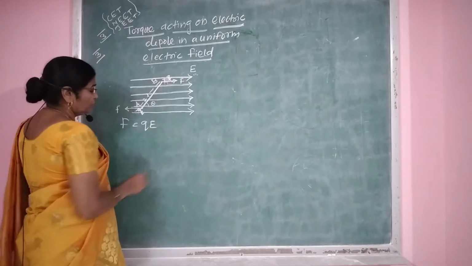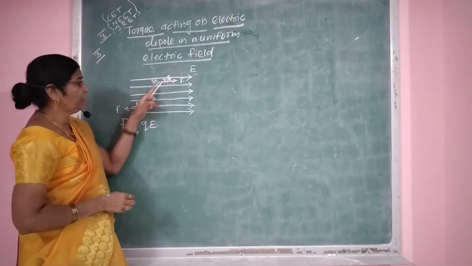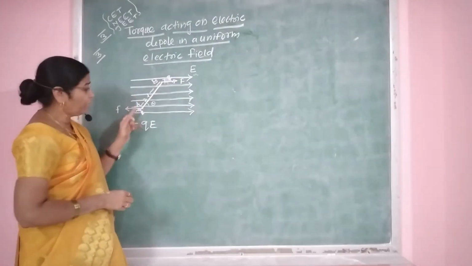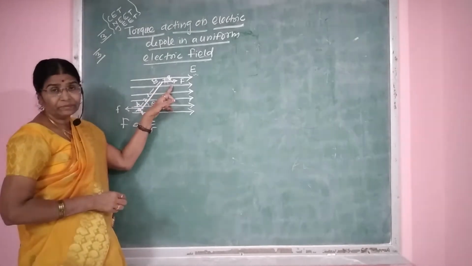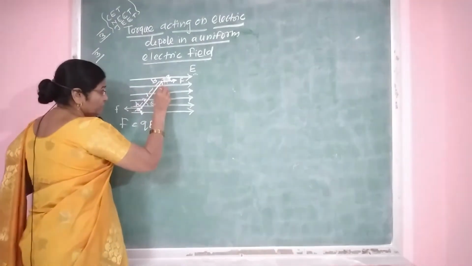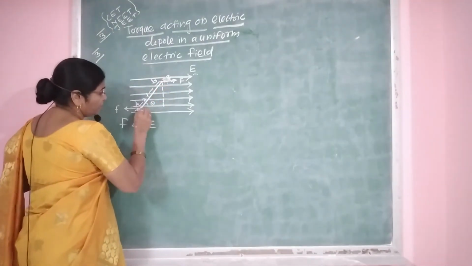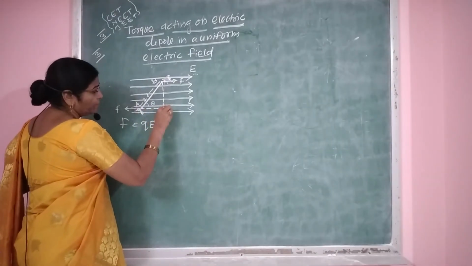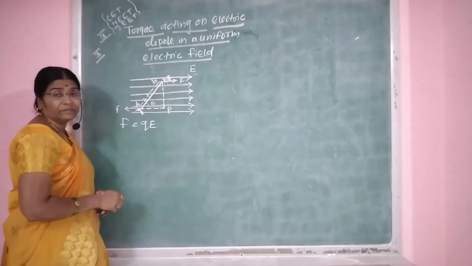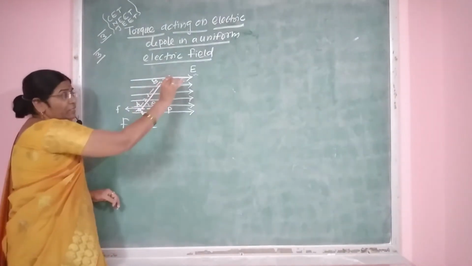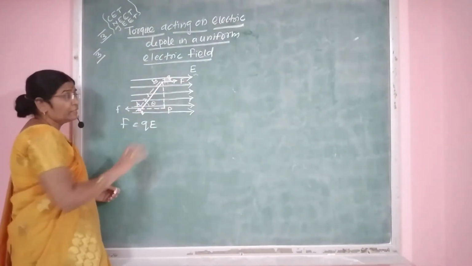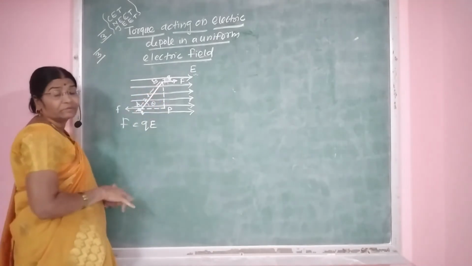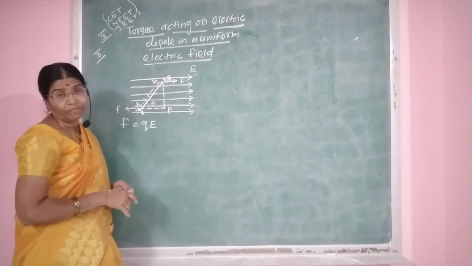Here, the two forces are equal in magnitude and opposite in direction, they are at a distance of AP apart. If we draw the perpendicular, meeting at point P, then what happens? These two forces can rotate this dipole.